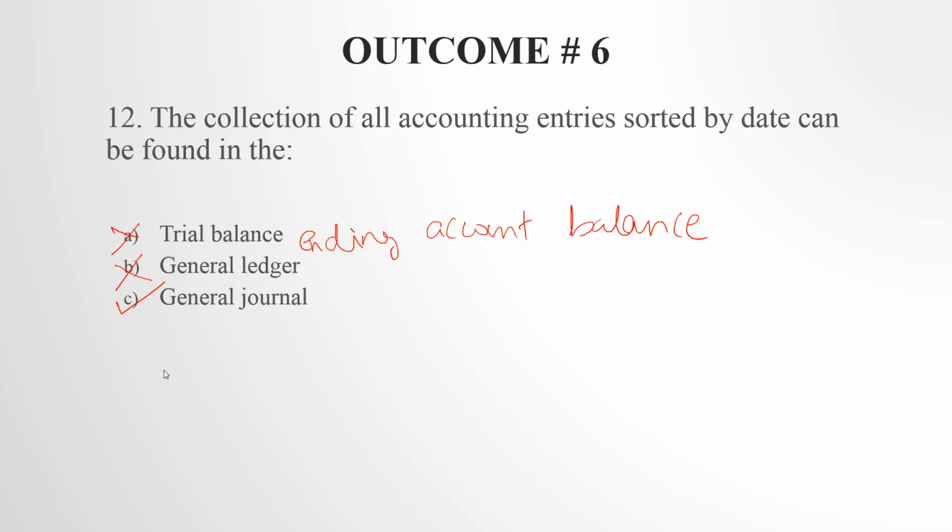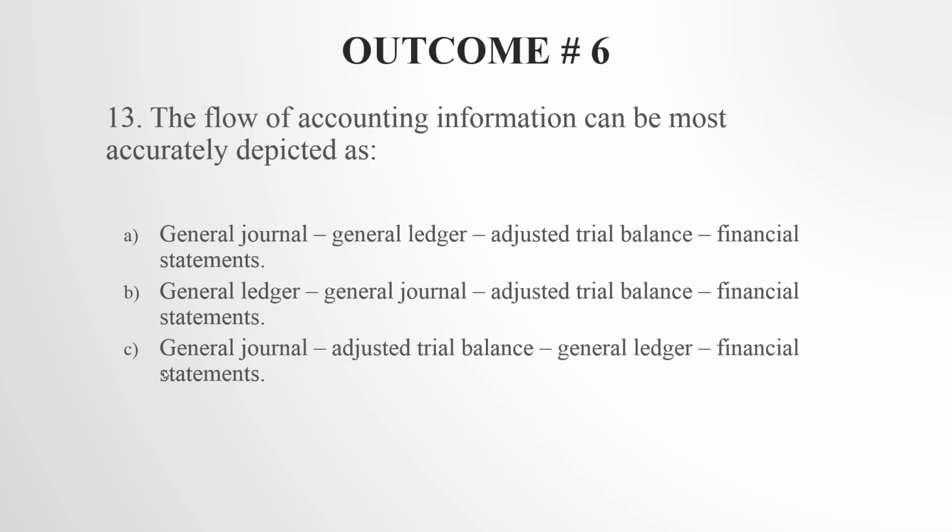Next question. The flow of accounting information can be most accurately depicted as: now when a business transaction occurs, it is first recorded in the general journal. Therefore, B is wrong.